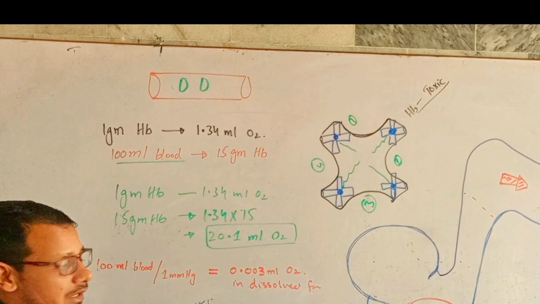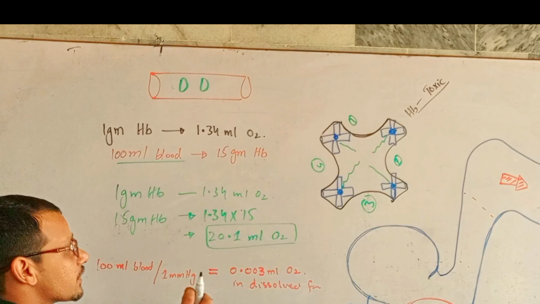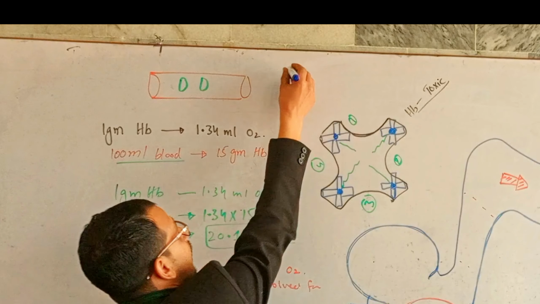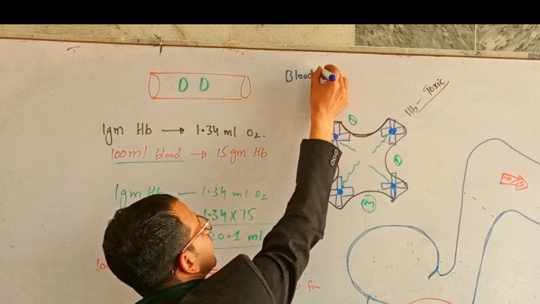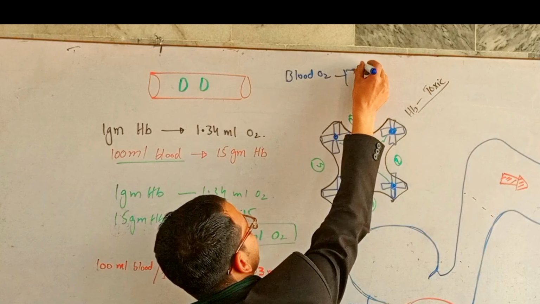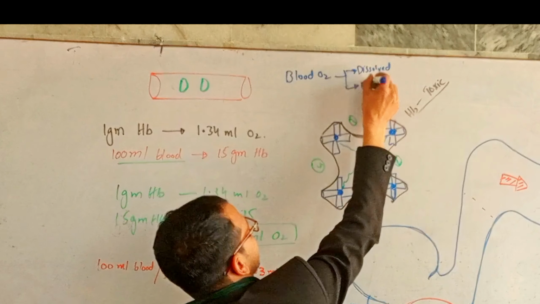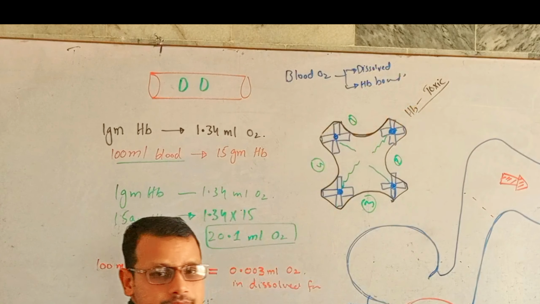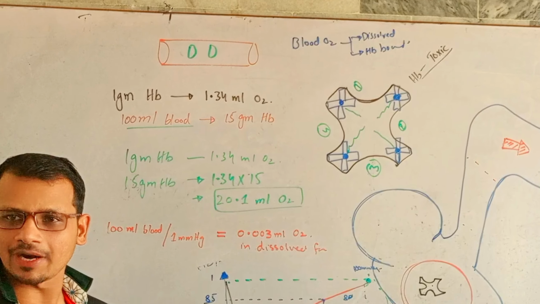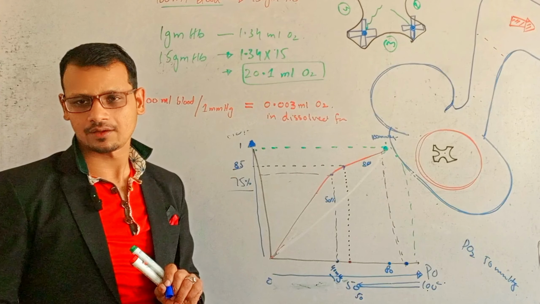Remember this: blood has oxygen in two forms. One is the dissolved form and one is hemoglobin bound. The hemoglobin bound we have calculated, that is 20.1 ml, right?